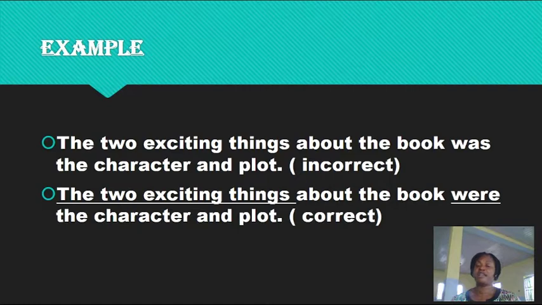So the right verb to use is not was, it is were, because were is plural in nature. So you should say, the two exciting things about the book were the character and the plot. This is a correct sentence, while the first one is incorrect.